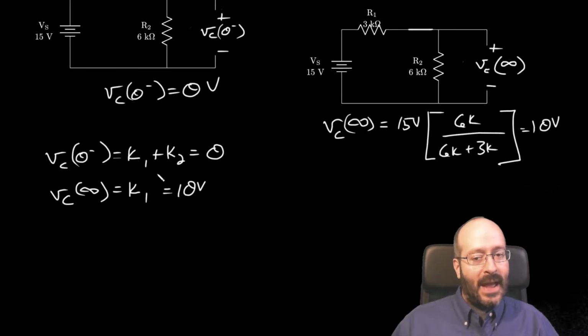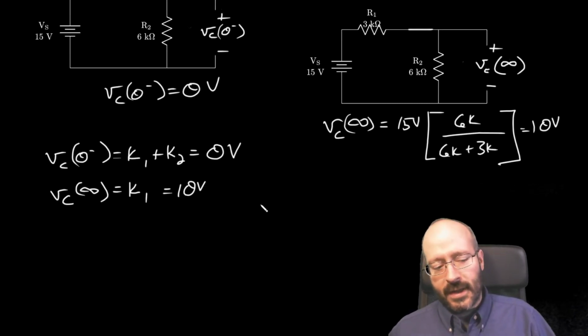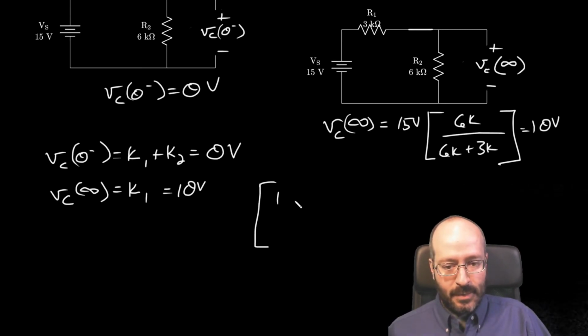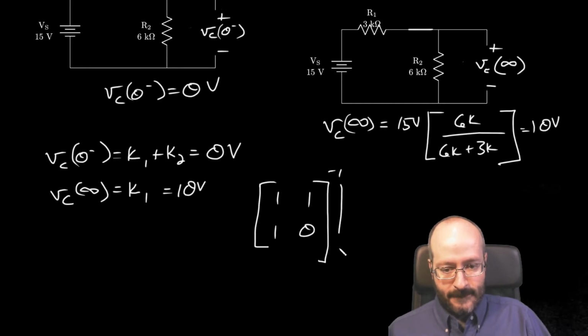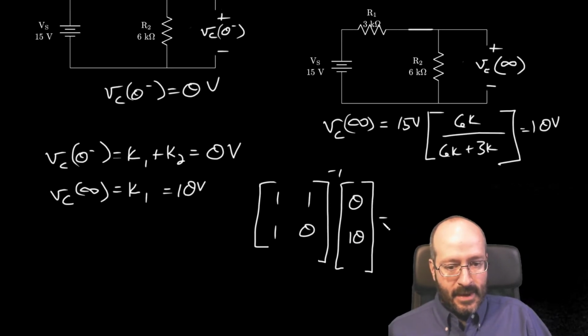What does K2 have to be to make this 0? Okay, and this is when I like to lean on the matrix form. It's always going to be 1, 1, 1, 0. Right? Invert it. Initial condition, final condition, and that's going to give us K1 and K2.